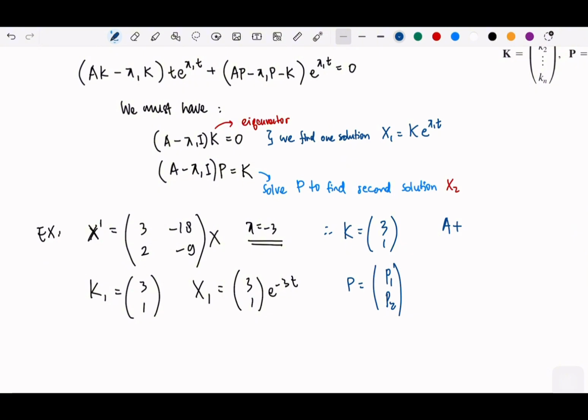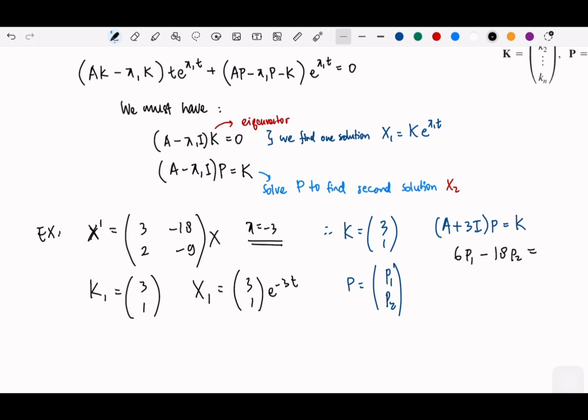So we are going to solve (A plus 3 I) P equal to K. Three plus 3 is 6, so the first row is 6 p1 minus 18 p2 equals 3.